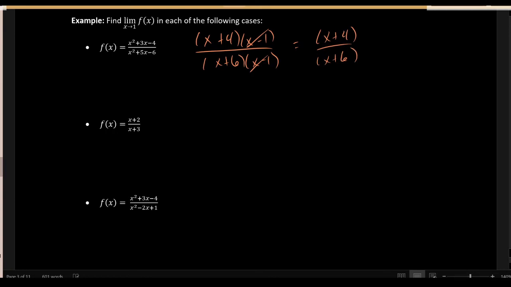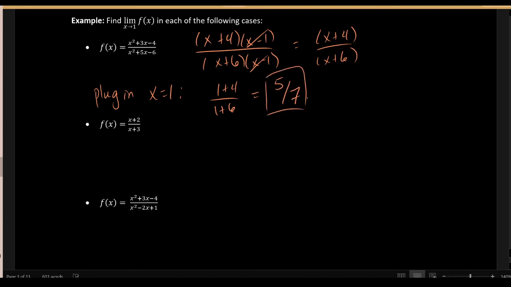Now that this fraction has been completely simplified, I can find the limit as x approaches 1 by plugging 1 into this simplified function, because the simplified function has the holes removed. I get 1 plus 4, 1 plus 6, so I get a limit whose value is equal to 5 over 7. Now, let's do the same thing for the function in the second bullet point, x plus 2 divided by x plus 3.